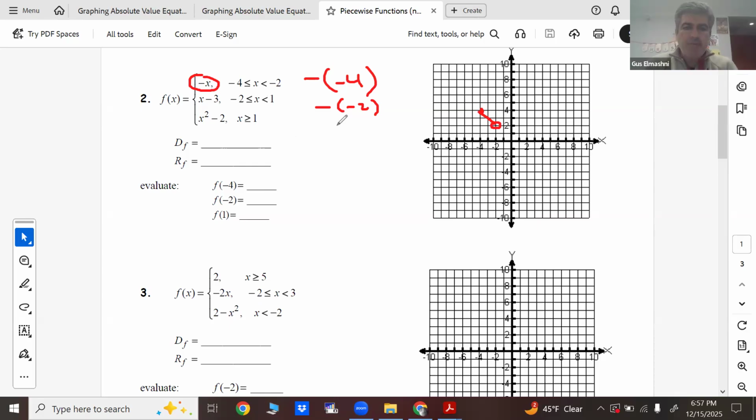So that's negative 5. Plug in 1 to get negative 2. And so that's that. And then finally plug 1 in. That's negative 1. But it's a parabola.